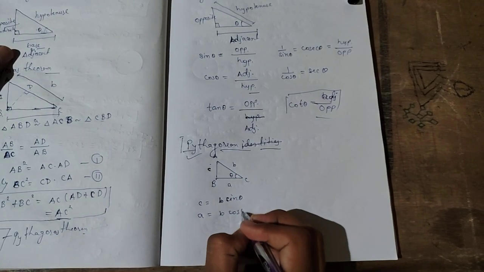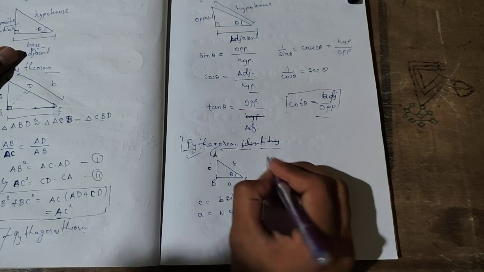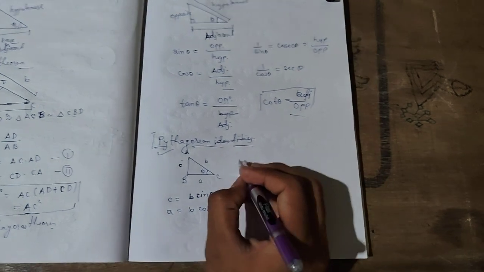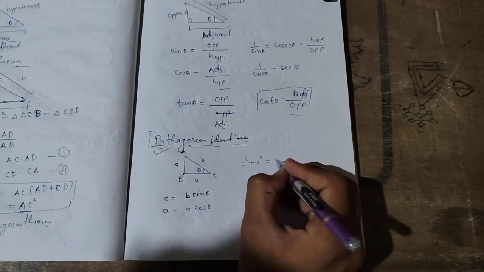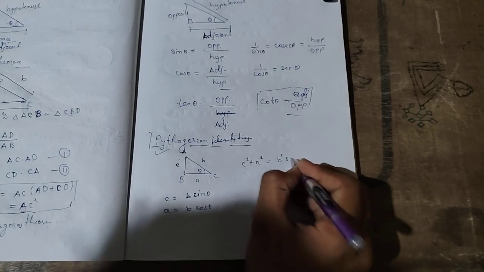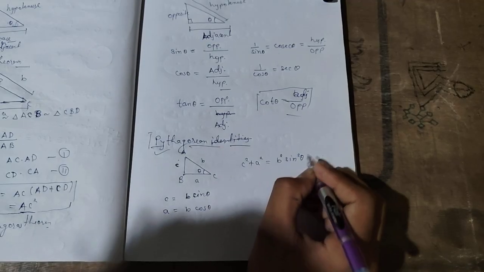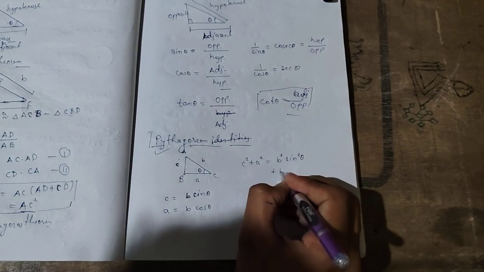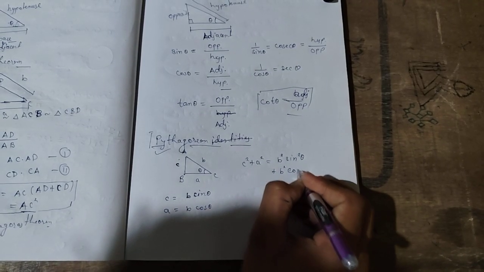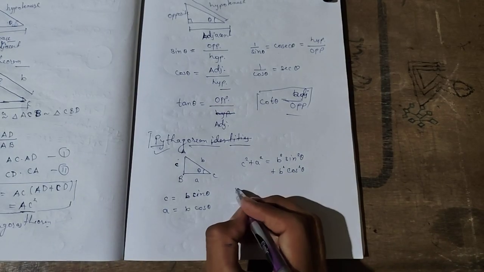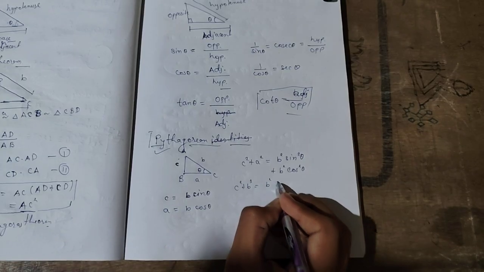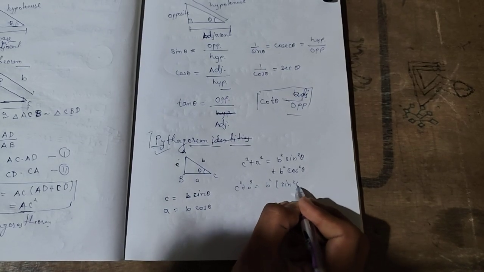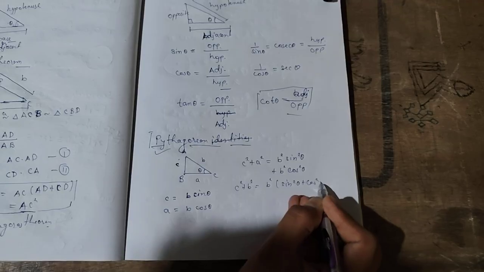And we can then write C square plus A square is equal to B square sine square theta plus B square cos square theta, and that is B square times (sine square theta plus cos square theta).